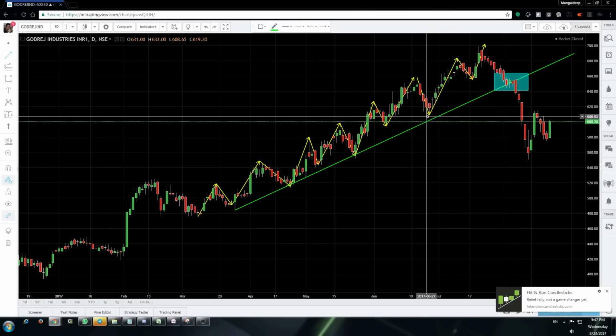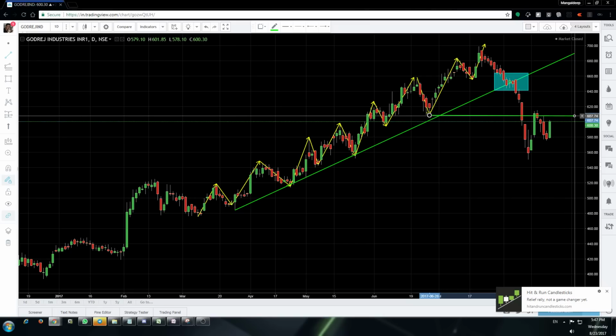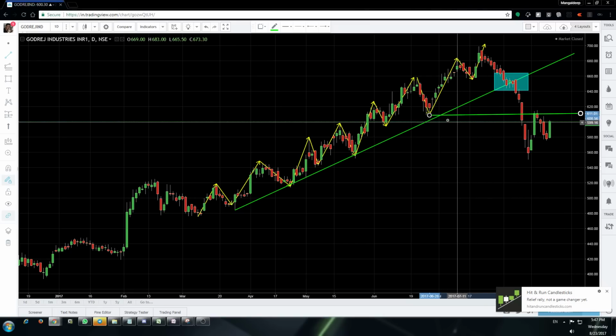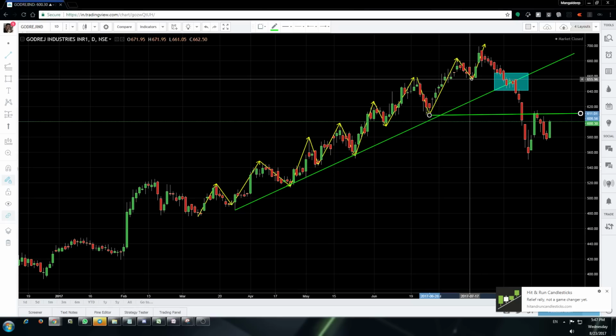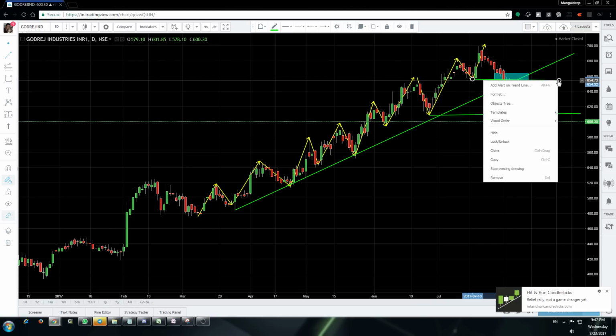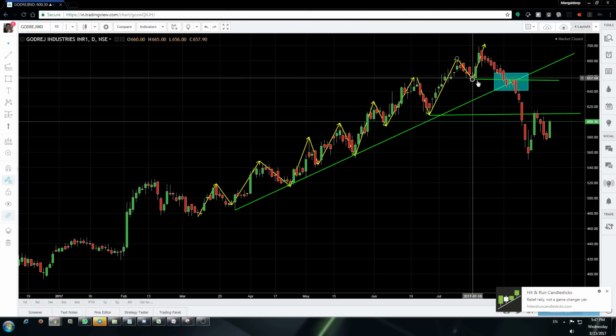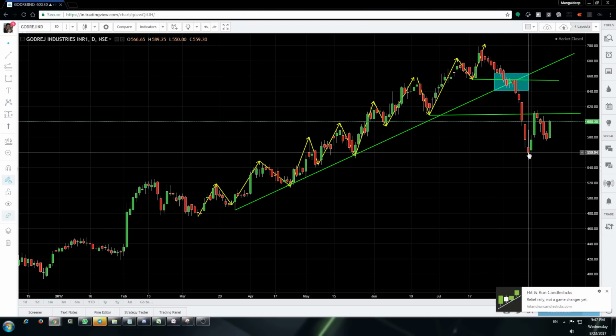We draw a horizontal line at the major swing low. In this case, this is the major swing low. If you are at this point, even this can be a major swing low. So it did break the major swing low in both the situations, and it is coming down.